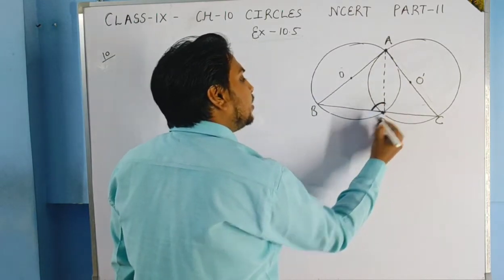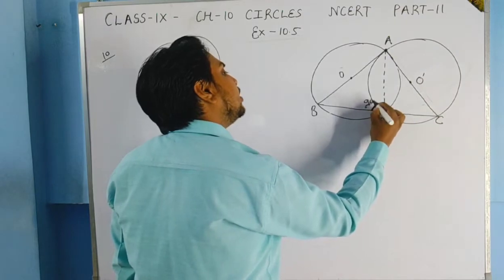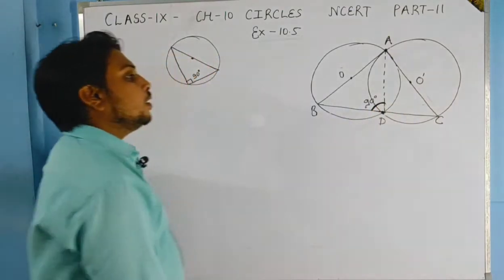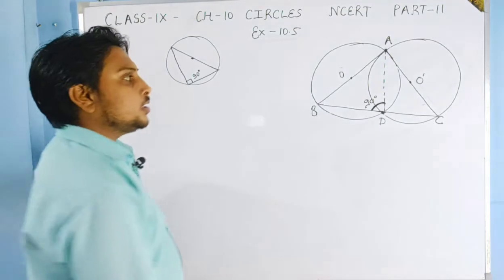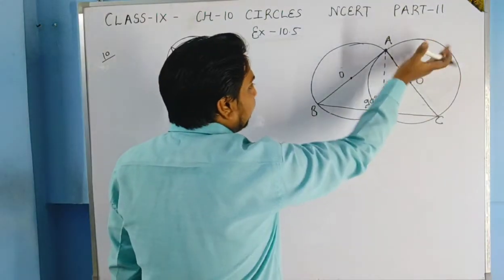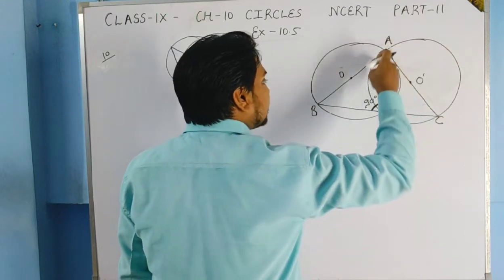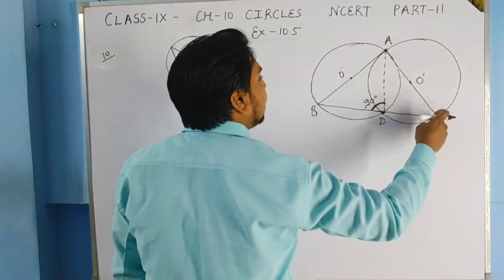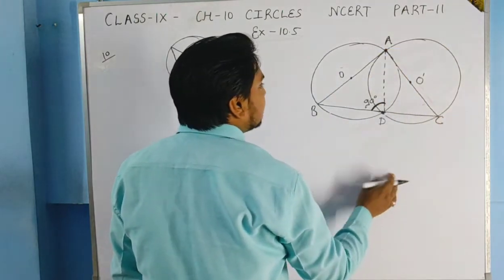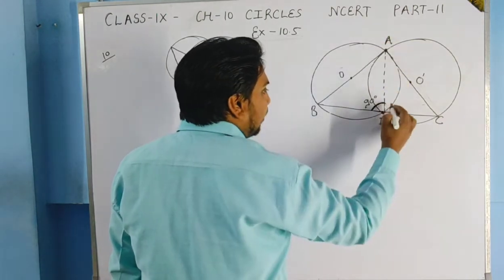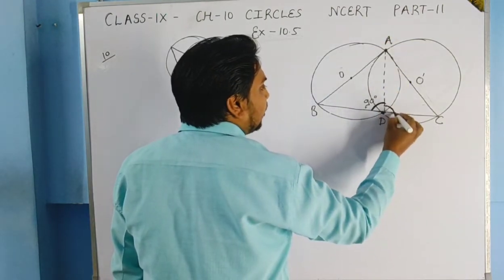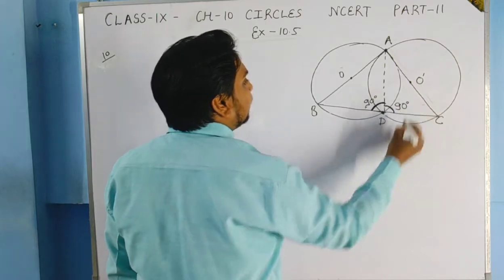Means this angle will be what? It will be 90 degree. In the same manner, students, if AC is the diameter of this circle, then this will be the semicircle, and the angle formed in the semicircle will be what? It will be 90 degree.